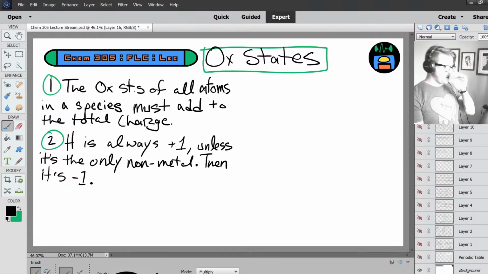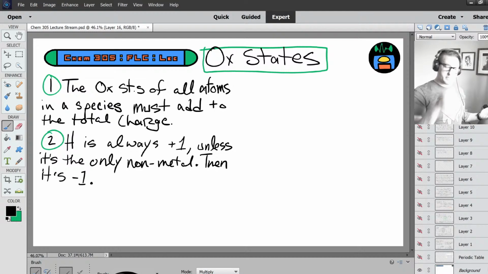All right, so in a compound, hydrogen will always be +1 unless it's the only nonmetal, then it'll be -1.